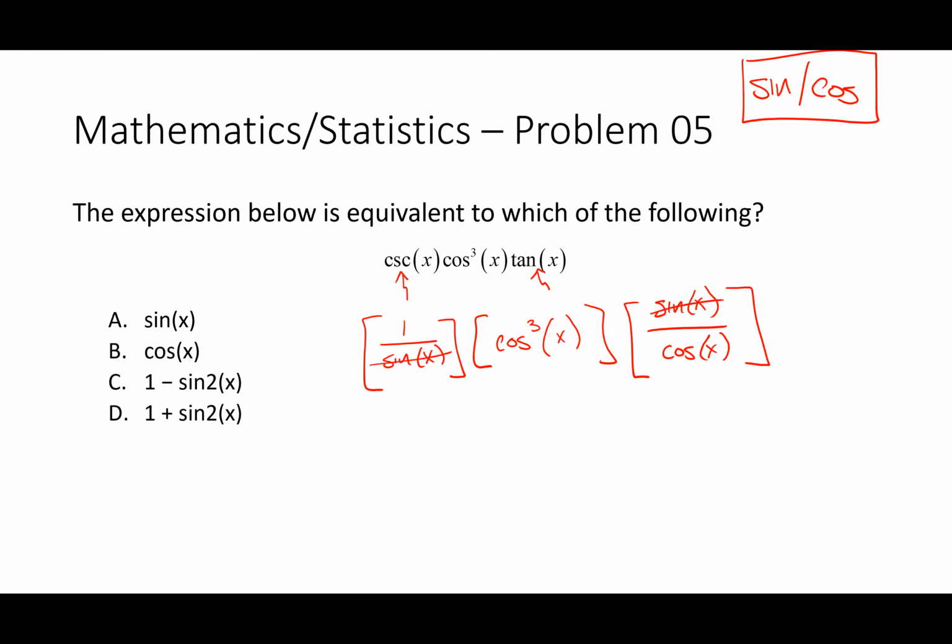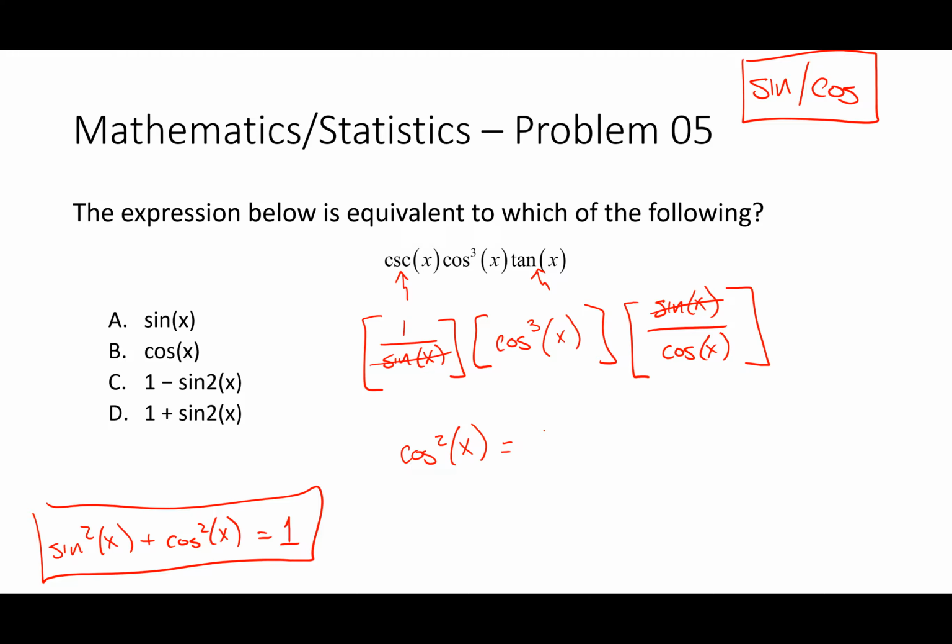The sines cancel, and then I've got cosine cubed over cosine, so that's cosine squared. And one of the most fundamental trig identities is that sine squared plus cosine squared is always 1. So if I have the cosine squared, that is 1 minus sine squared.